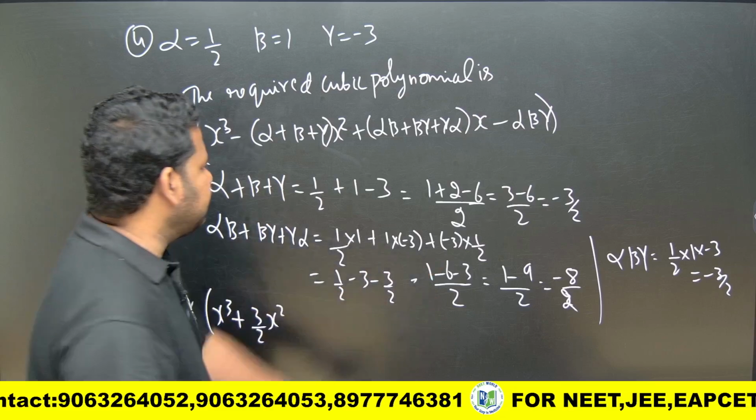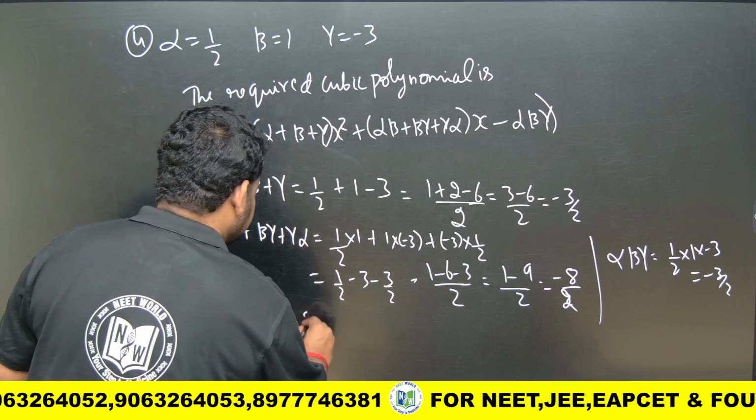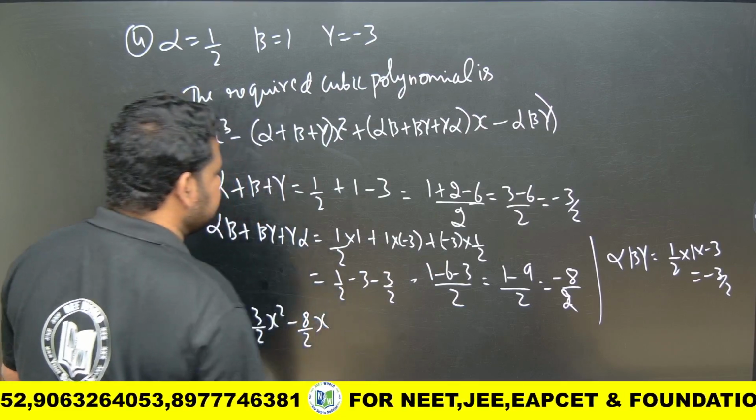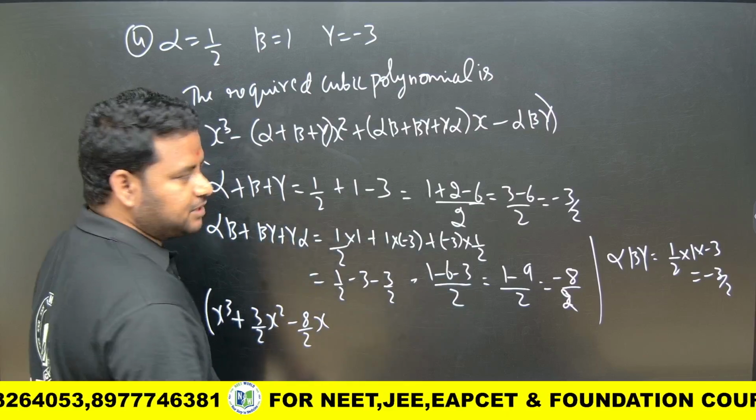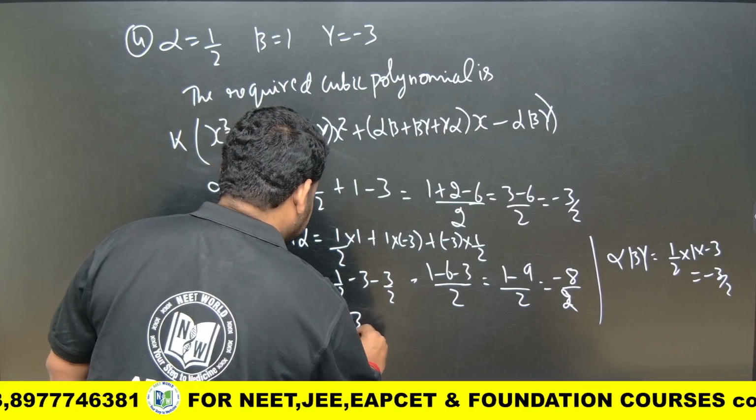So, this will become minus 8 by 2 x, minus of minus 3 by 2, that will become plus 3 by 2.